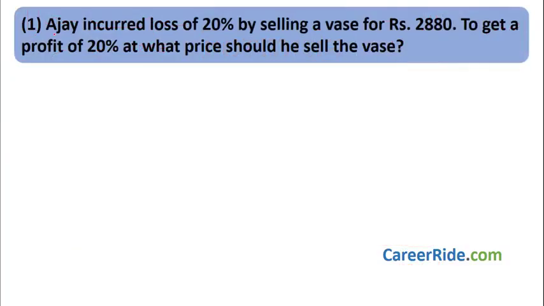Question number 1. Ajay incurred a loss of 20% by selling a vase for rupees 2880. To get a profit of 20%, at what price should he sell the vase? Now again, what did we learn at the start? What are the 2 formulas? Percentage profit is profit in rupees divided by cost price multiplied by 100. Same way, percentage loss is loss in rupees divided by cost price multiplied by 100.